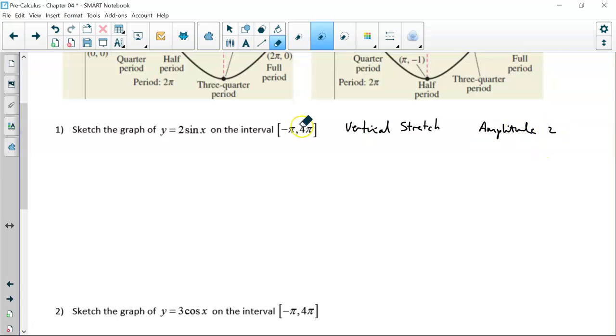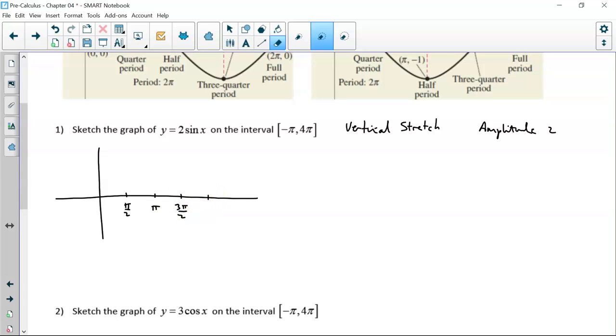That's going to be our highest, and then negative 2 would be our lowest. So when we sketch, I'm going to draw a coordinate plane real quick. So here's my pi over 2, my pi, 3 pi over 2, 2 pi. And then 4 pi, so I got my 5 pi over 2. Just keep adding a pi over 2.